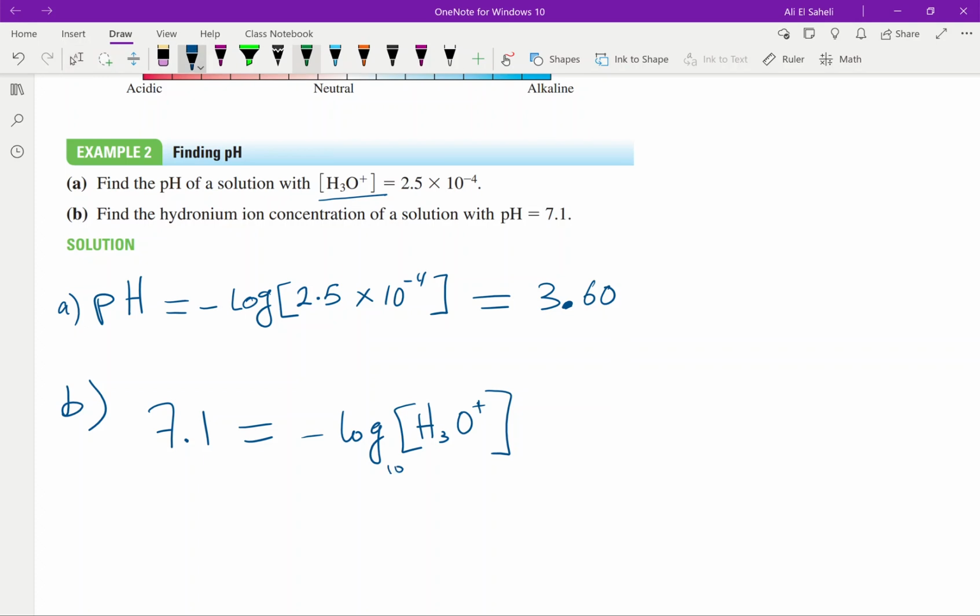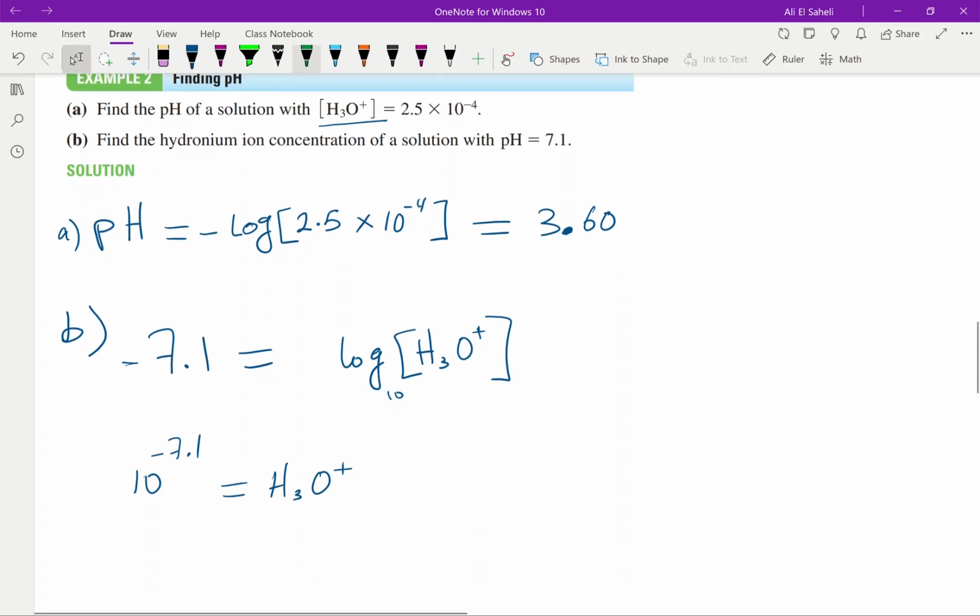So 10 to the minus 7.1 equals the hydronium concentration; we cancel the log.